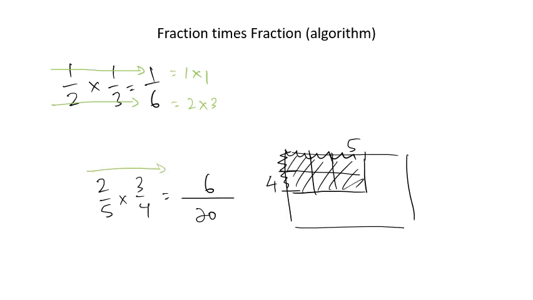This is my 2 times 3 equals 6, and this is my 5 times 4 equals 20. So it's not that the algorithm is bad or flawed or wrong or incorrect, but when it's sort of floating in the student mind without any sort of connection to anything visual or conceptual or structural, that's when we get some issues.